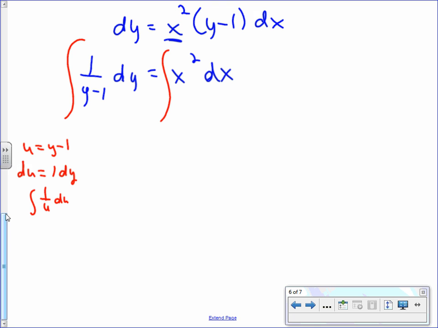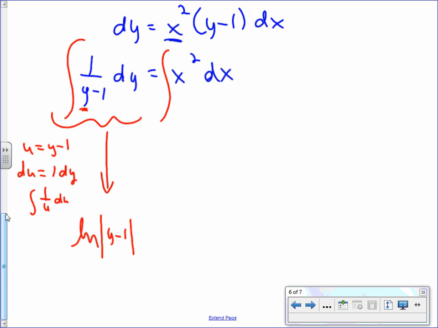So this left-hand side is the ln of the absolute value of y minus 1. Okay? No matter if this is a y plus 3, a y minus 7, as long as this piece is just a plain y, this is what's going to happen. If it's a 2y, then you're going to have to make sure you're careful about that coefficient.